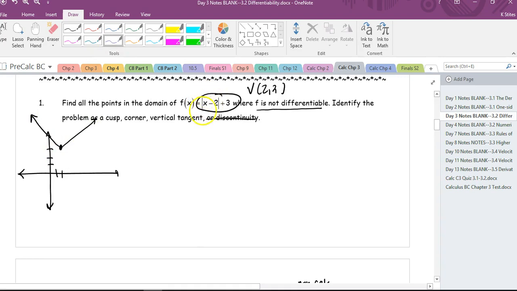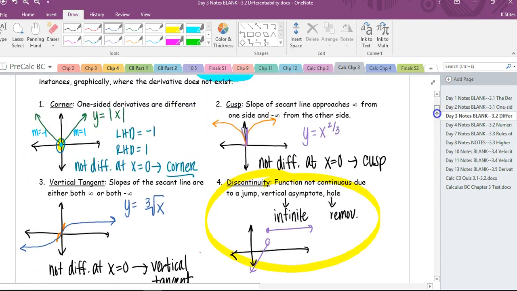Okay, and you should also know, just looking at this equation, what your slopes are. This side right here is going to have a slope of +1. This side right here is going to have a slope of -1. All right, so immediately we see we have an issue here.